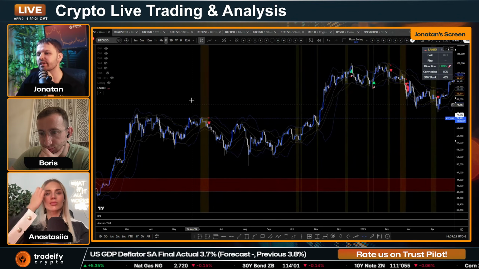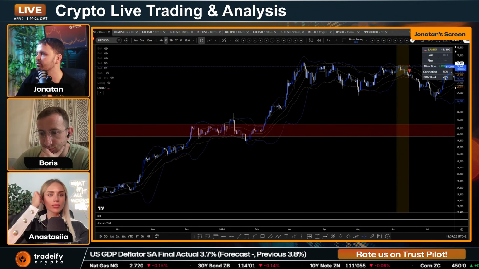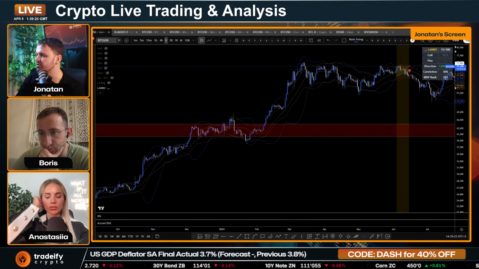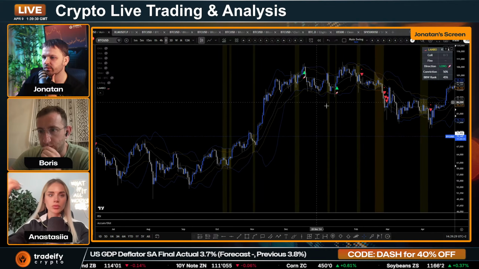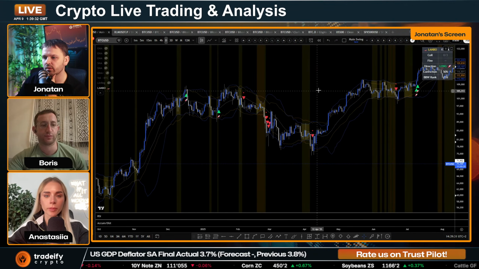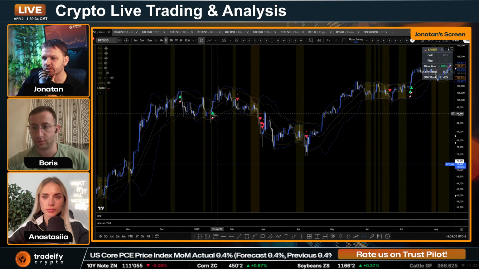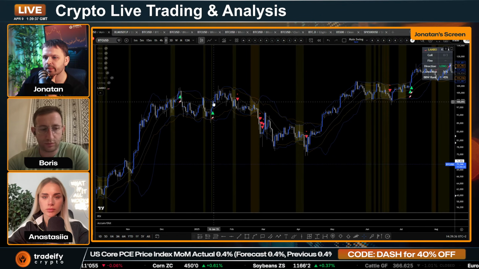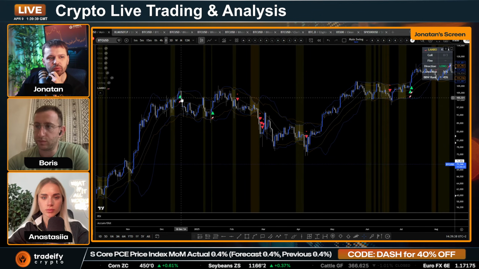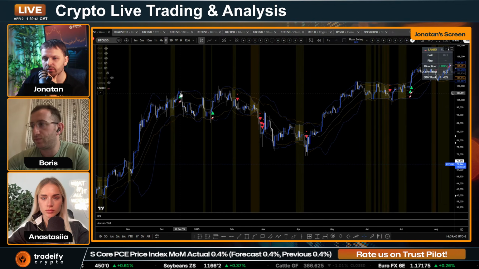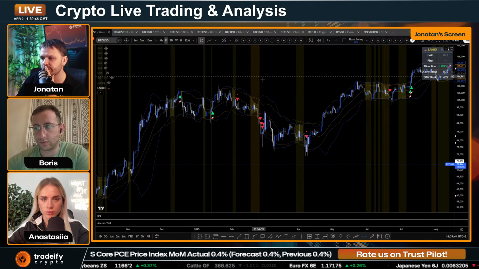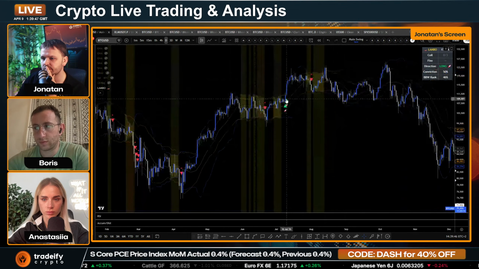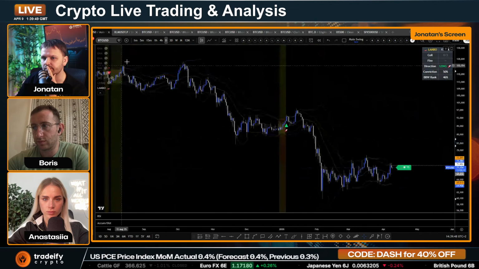Okay, so the idea here would be that, obviously, the green arrow would mean a long signal because it's breaking out. But it seems to be a little bit too simplistic here.